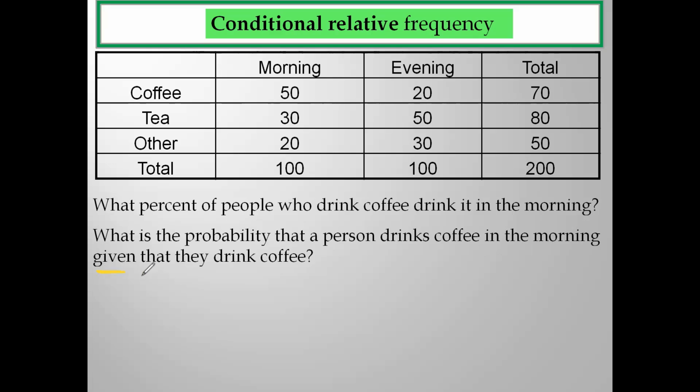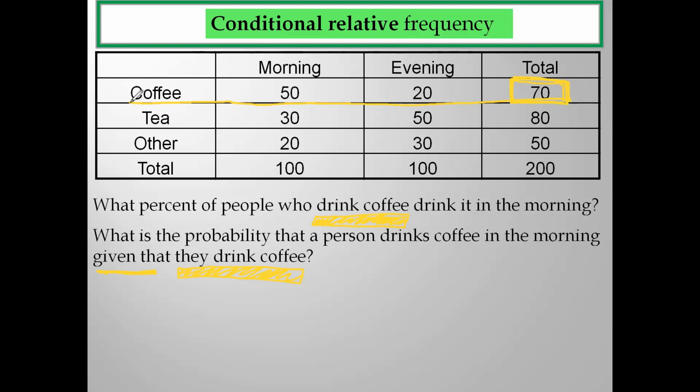Whenever we see the words "given that," whatever follows here, we expect this to be the condition. So if we look at the previous statement, where do we see the condition? The first part of the statement, drink coffee, is the condition. So the row for drinking coffee will become the marginal frequency that we're going to look for.